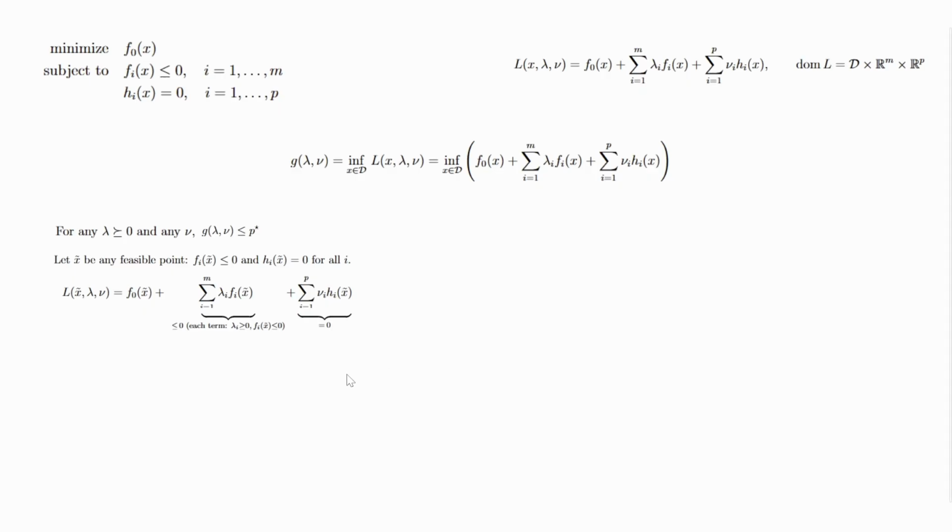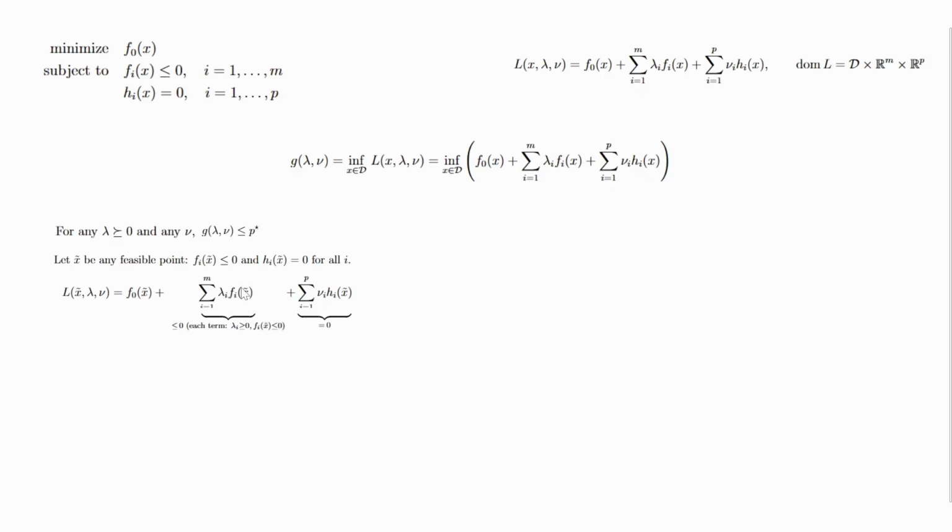But notice now that because we've assumed that x tilde is feasible, we know that this term, in particular, is less than or equal to 0 for each term in this summation. So for each lambda_i greater than 0. Why is this true? Because it must be feasible. So that means for positive lambda, you take a positive number, multiply it by a negative number.